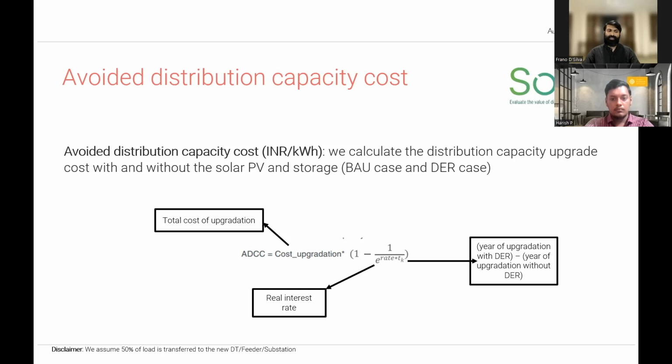The upgradation that is required before introducing the distributed resource on the network, as well as after introducing the distributed resource on the network. This upgradation would be required or deferred in case of integration of DER, and the difference of this upgradation is taken to calculate the cost that can be saved on a per unit basis.